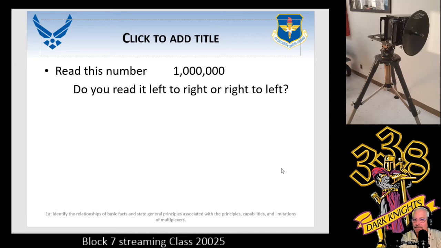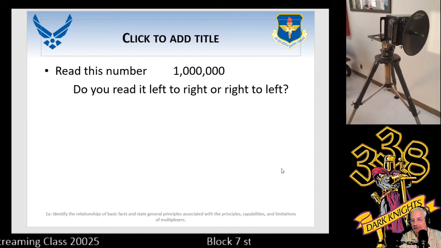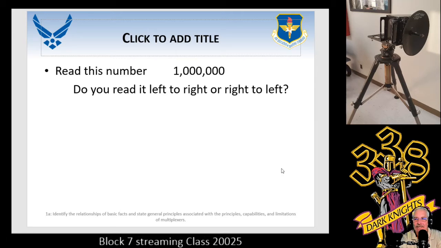Okay. King? Left or right? Price? Left or right? Roundsley? Right to left. Woo, different. Stanek? Don't change your answer now. On bigger numbers like this, typically I'll read left to right. But sometimes it depends on the number, because you want to see how many zeros there are. So you analyze that first and then start reading left to right, from kind of analyzing it right to left, I guess.